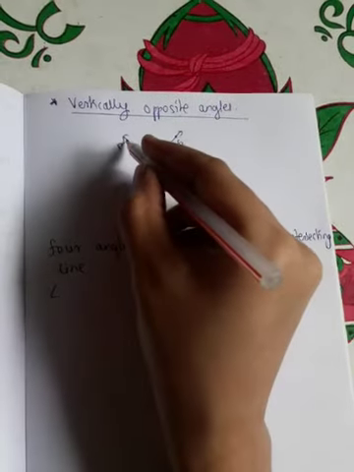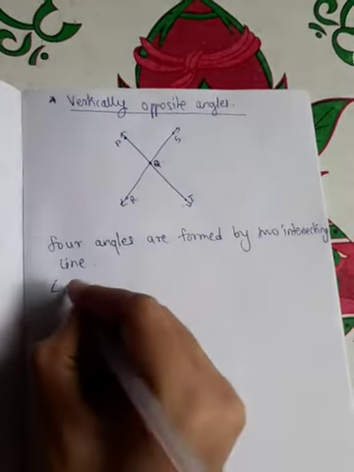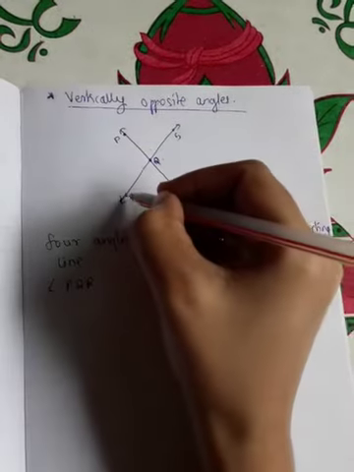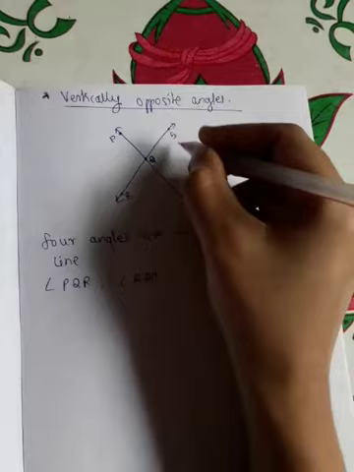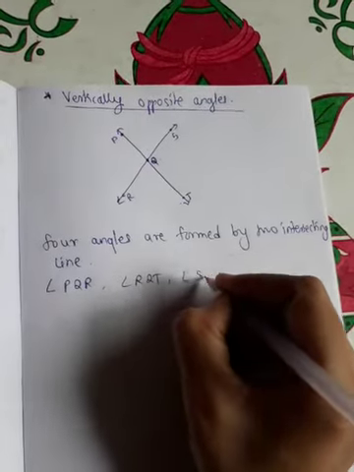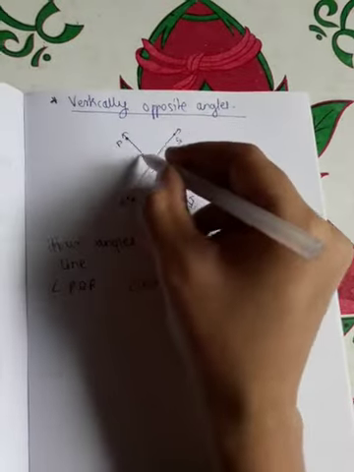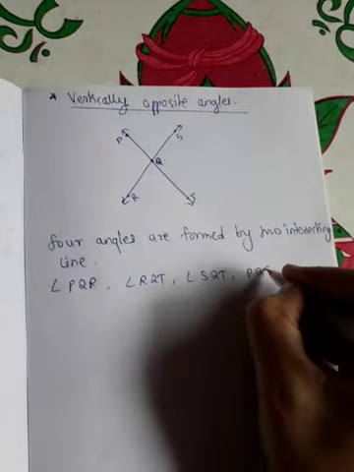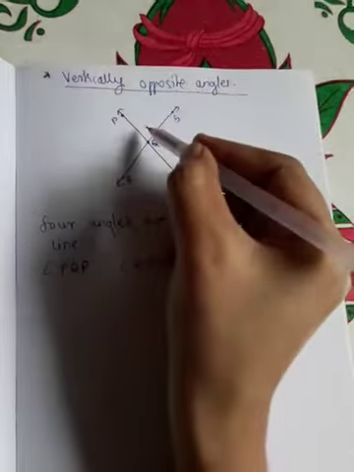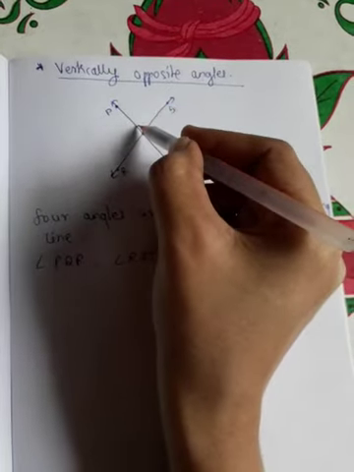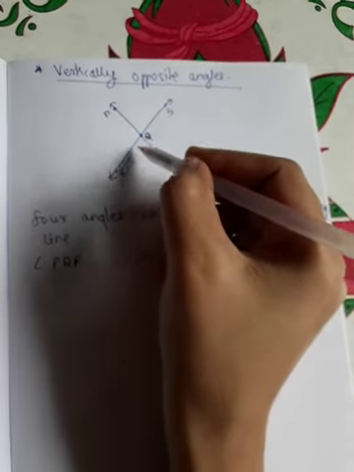And what are those angles? Angle PQR, angle RQT, angle SQT and angle PQS. So how many angles are formed there? Four.